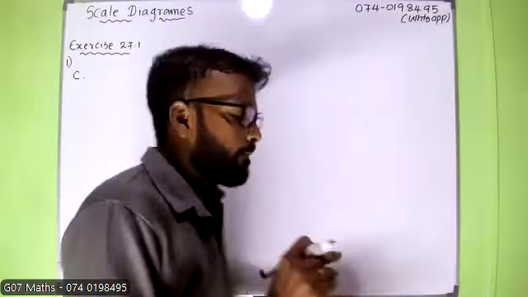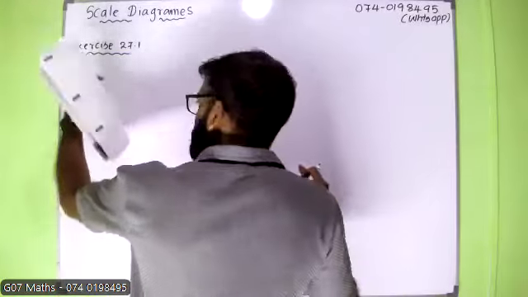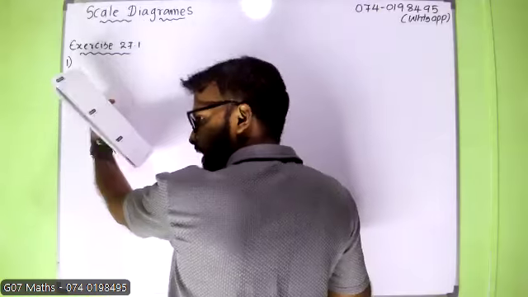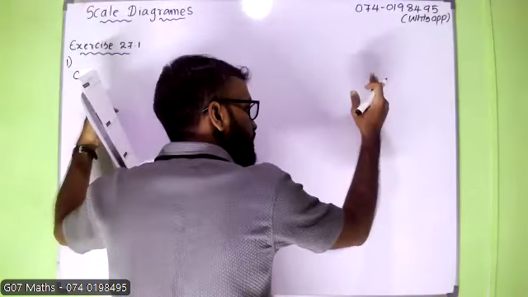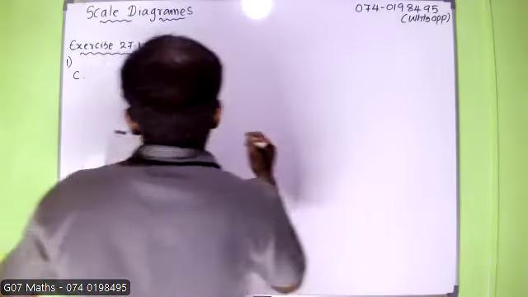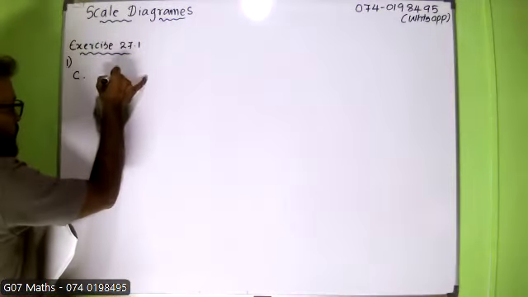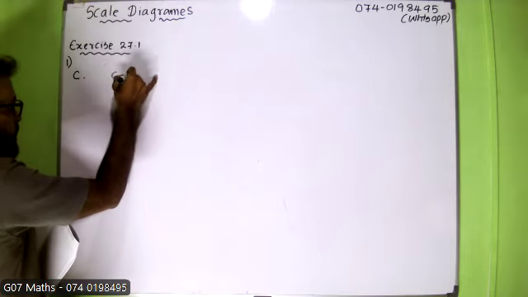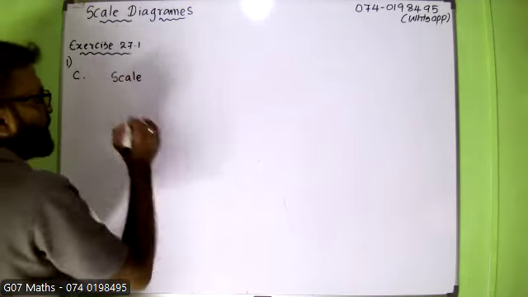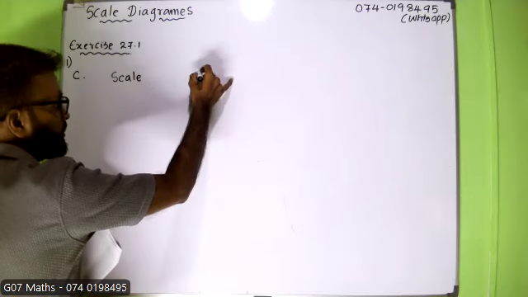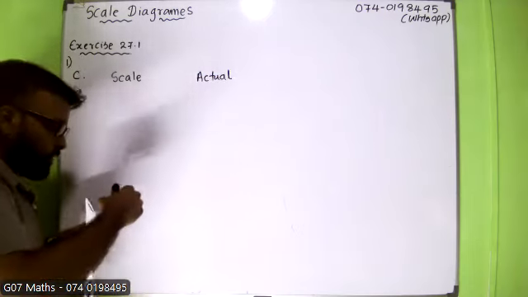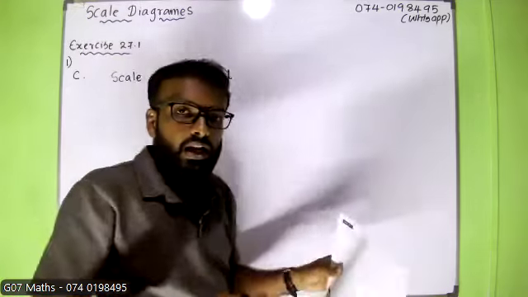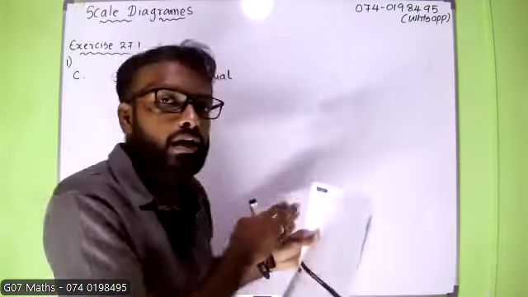Very important. So this is the scale length in my left hand side, and in my right hand side, actual. You need to identify what is the scale length and the actual length by reading the question.